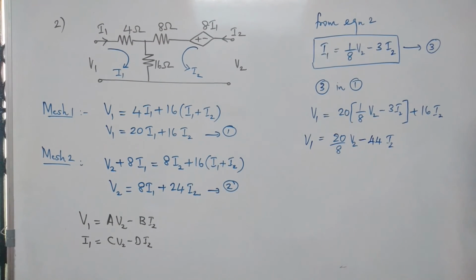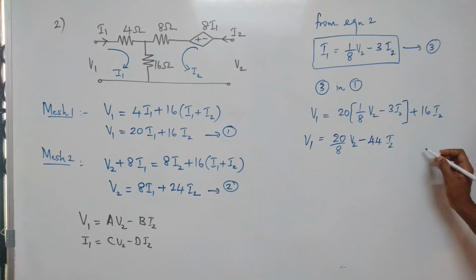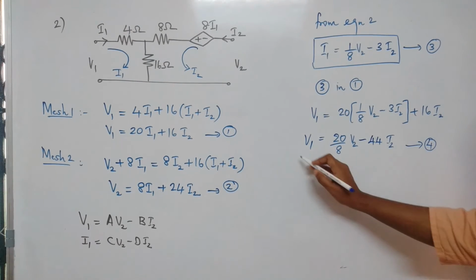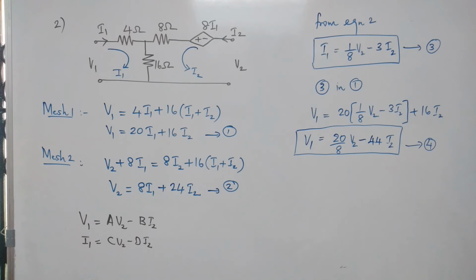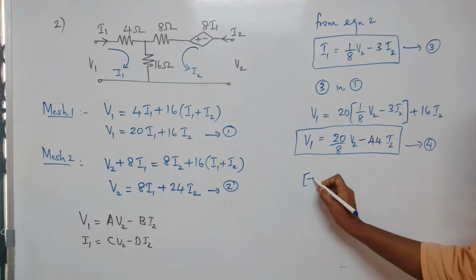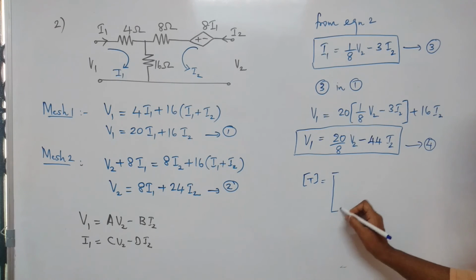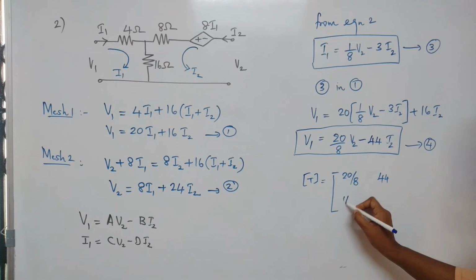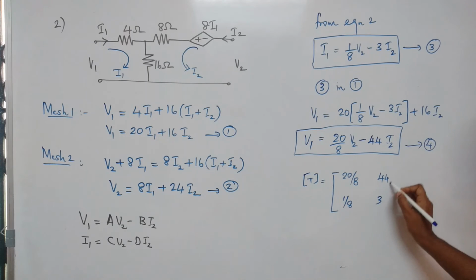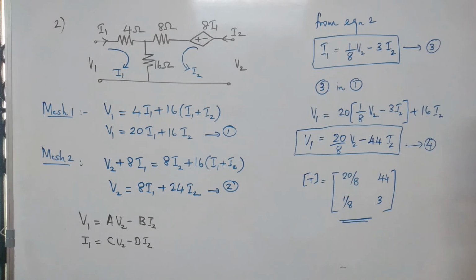So we got V1 also in terms of V2 and minus I2. This is also the standard form. Thus, comparing 3 and 4 with the describing equations, we can write matrix T is equal to A is 20 by 8, B is 44, C is 1 by 8 and D is 3. So this is the method by which we write the equations and compare it with the describing equations.